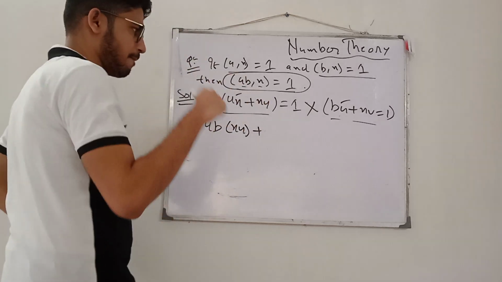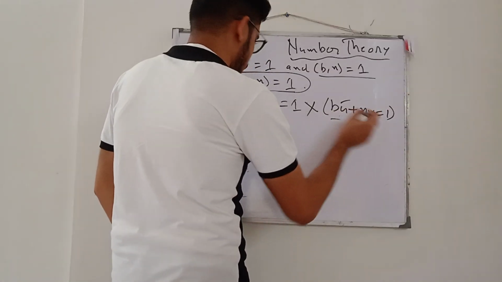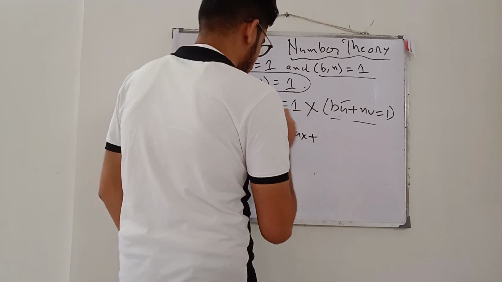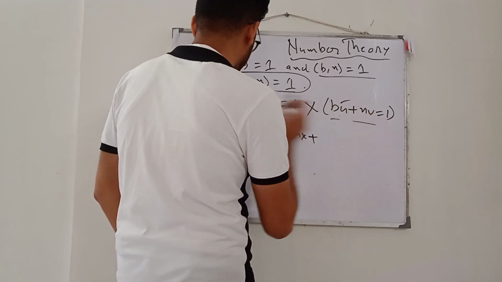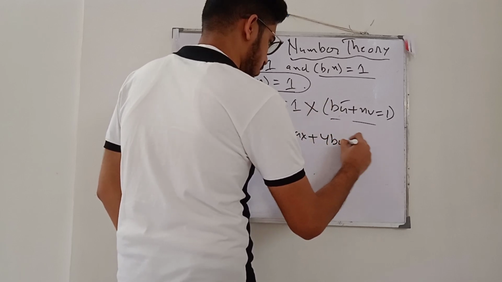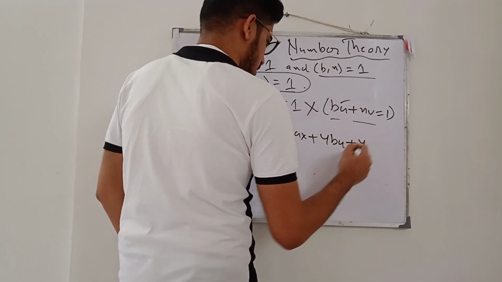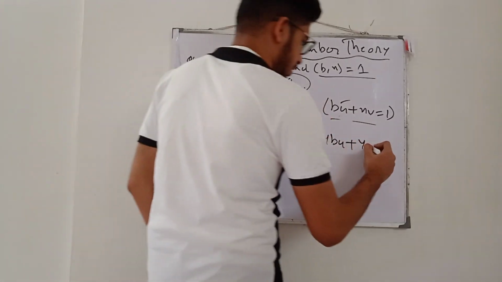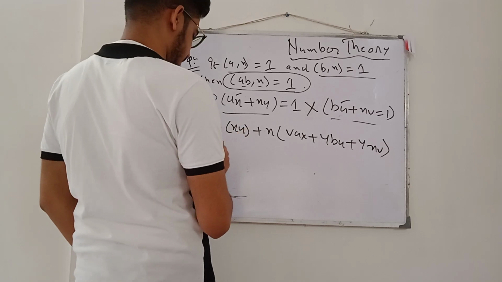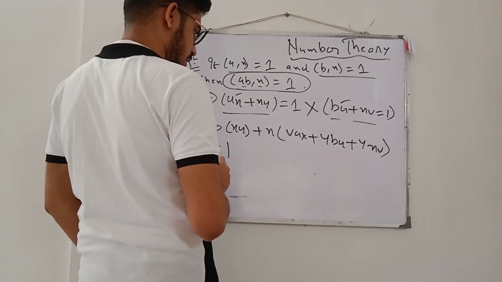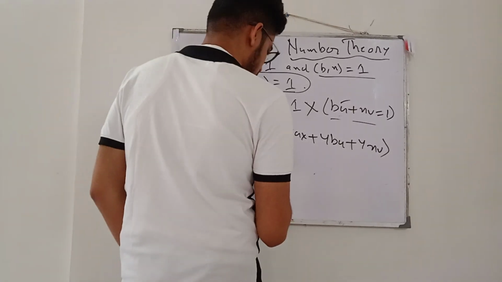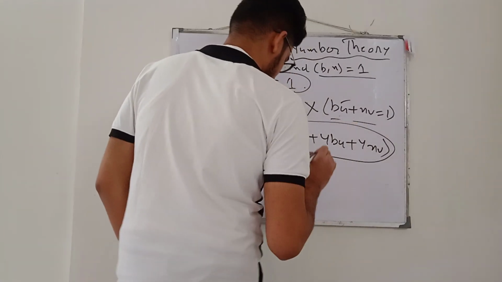Then n into vax plus n into vx plus y bu plus y nv is equal to 1. So then we can say individually this value is equal to 1, and this value is equal to 1.